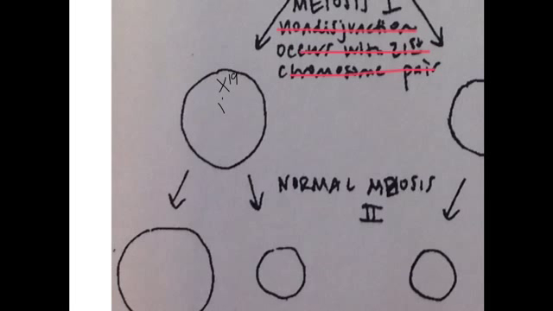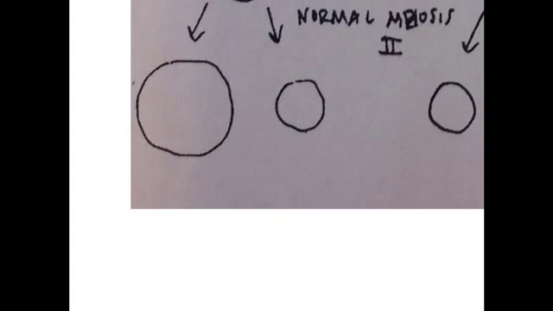So we're going to have 19, 20, 21, 22, and an X. And then we're going to have our 19, 20, 21, 22, X, and the same thing here.